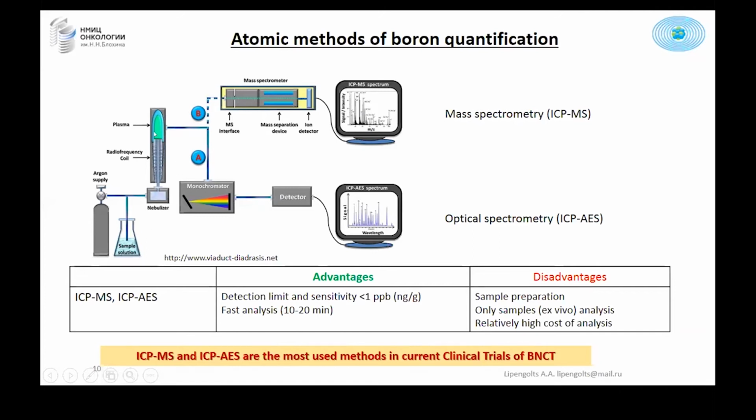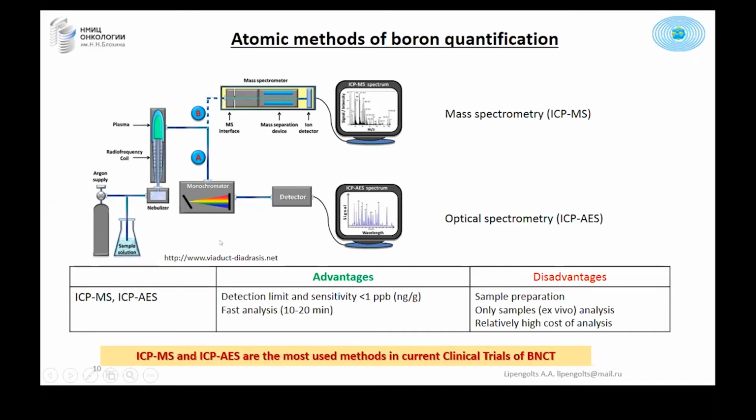Or these ionized atoms emit, on the excitation of the electron shells, light of specific wavelength, and this in turn can be detected and a corresponding spectrum can be obtained, thus quantifying the elements in the sample.